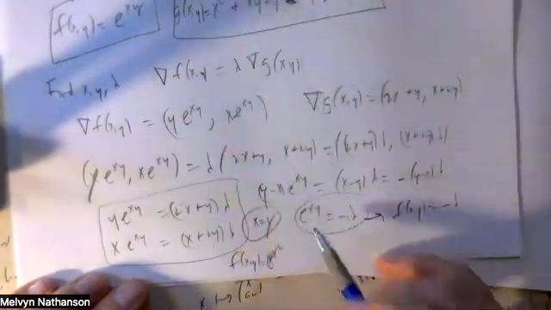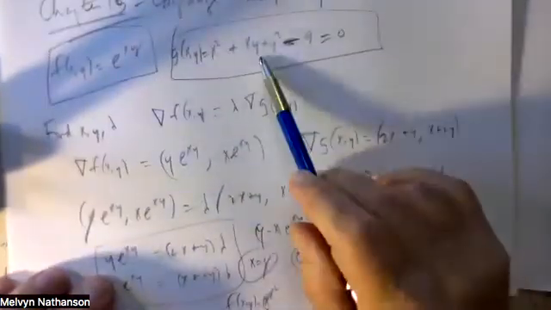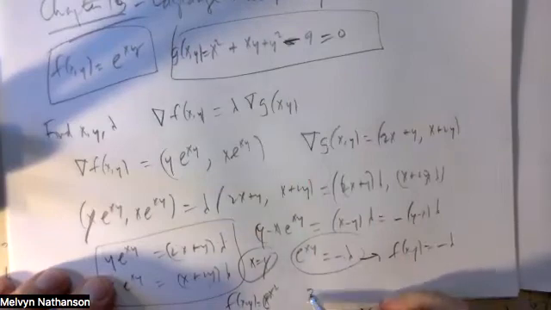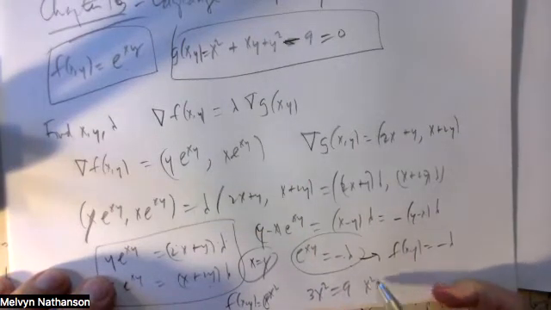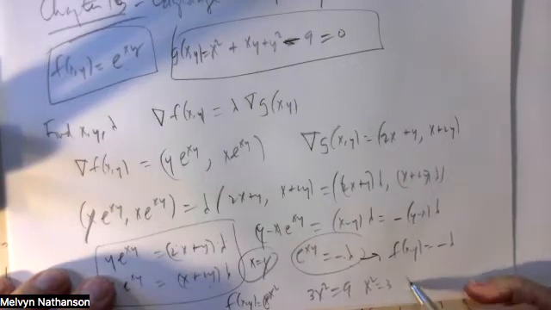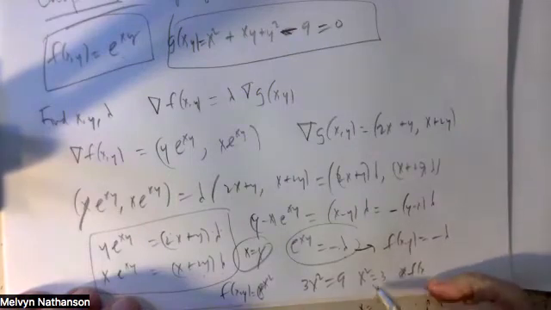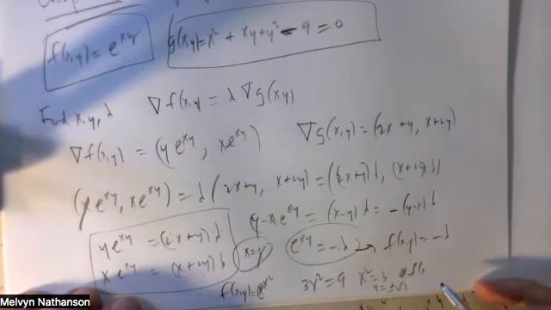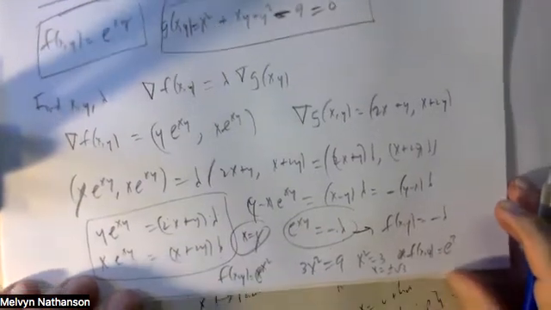If x equals y, you get x squared, another x squared, another x squared. You get 3x squared equals 9, x squared equals 3. In that case, x is equal to plus or minus the square root of 3, and f of x, y is e cubed.